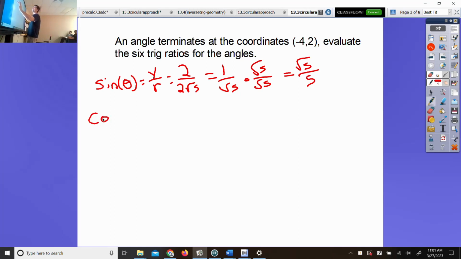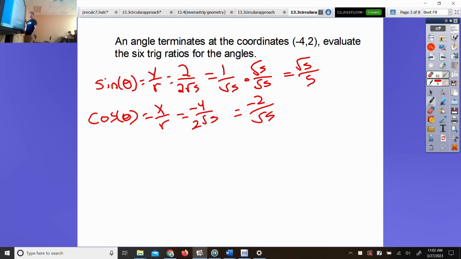Next up is the cosine ratio. From the circular approach, what's the cosine ratio? x over r. That's -4 over 2 root 5. Or we can do it simplified: -2 over root 5. And then how do you clean that one up?